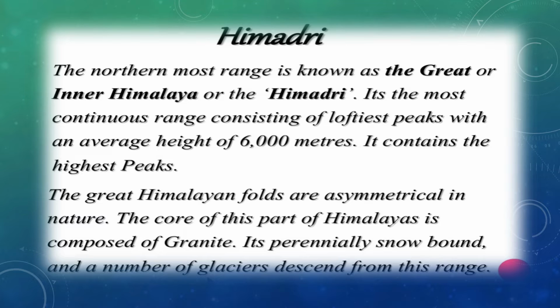The core of this part of the Himalayas is composed of granite. It's perennially snowbound. That's why I told you in the beginning, Him Alay, abode of snow, perennially snowbound, and a number of glaciers descend from this range. Himadri, called Greater or Inner Himalayas, 6,000 meters average height, peaks composed of granite, glaciers descend.